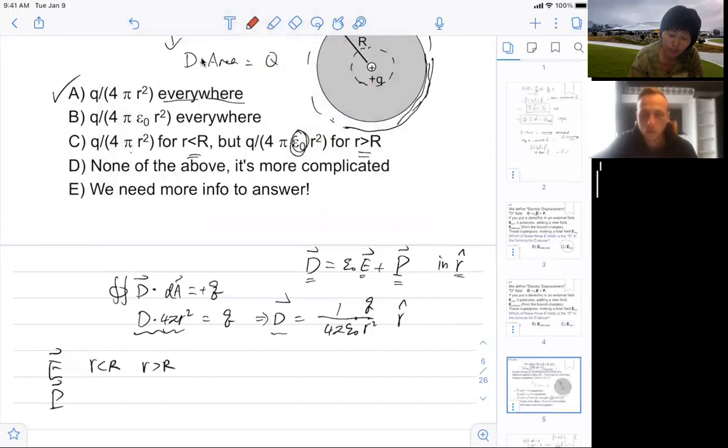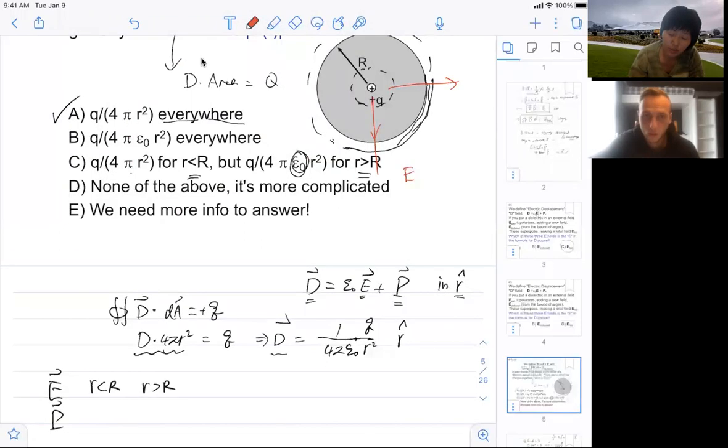It's going to be radially outward, right? This is where the E is going to be. And under the influence of the E field, you can see the dipoles inside the material are going to align themselves, where negatives are going to be at this end and positives at the other end.